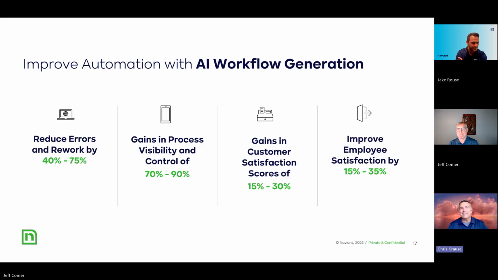You're going to see gains in the visibility and controls in your processes of 70 to 90%. And you're going to see employee and customer satisfaction scores jump up by 15 to 35%. Everybody's going to be happier by running through a structured process that is consistent.